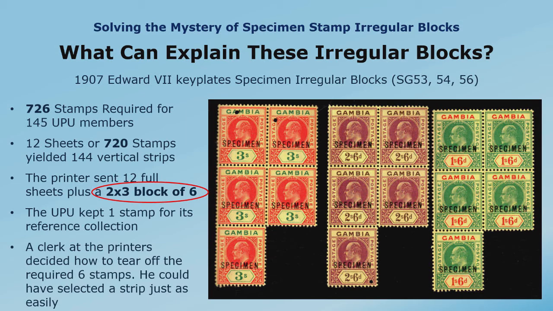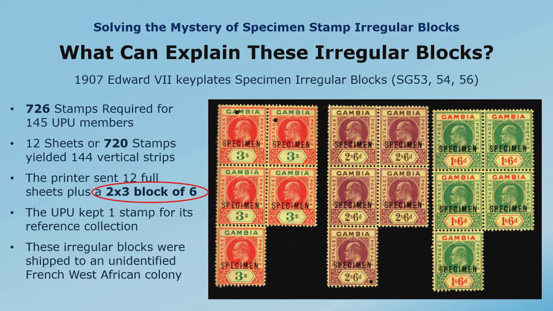So under normal circumstances, you would have had a strip of 5 distributed, but in this case, the UPU got a block of 6. It took its own stamp out of the lower right corner and sent a block of 5 rather than a strip of 5, because it didn't have one, and sent it to some unidentified French West African colony.